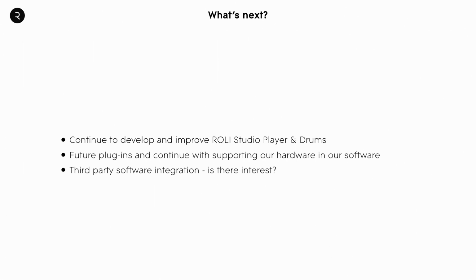We introduced on Player the ability to add these attachments to the instrument, like the arp and the chord, to make playing easier and more expressive. We have ideas around how we can do that with the drum side of things as well. And then we're also working on some future software products, which will hopefully expand this ecosystem even further.